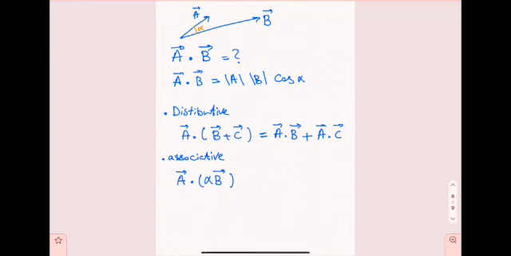Okay. Now what do we get here? Actually, since alpha is only a scalar, it can come out of this parenthesis and we can write it as alpha multiplied by A, and then we take the dot product with vector B. And since alpha is a scalar, we can even write this as alpha multiplied by the dot product of A and B. So we can change the position of this alpha as it is only a scalar.